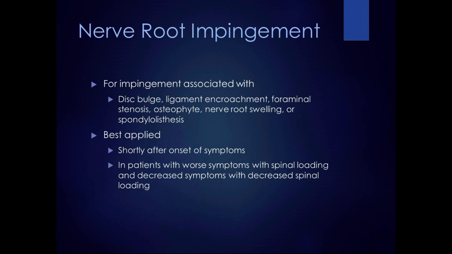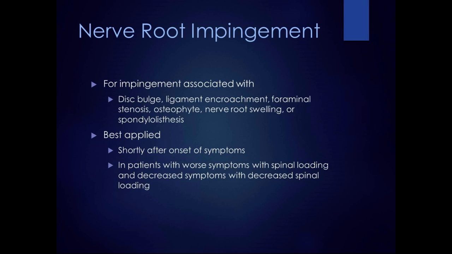So for nerve root impingement, it can be associated with a disc bulge, a ligament issue where the ligament is encroaching on the nerve, stenosis, foraminal stenosis, osteophytes due to degenerative processes, nerve root swelling, or spondylolisthesis where a vertebra is shifted anteriorly on the one below it.